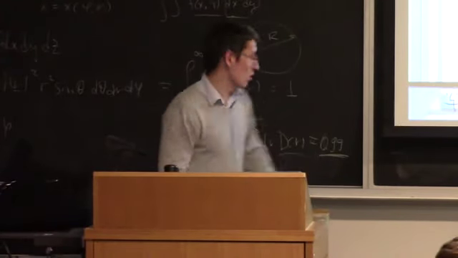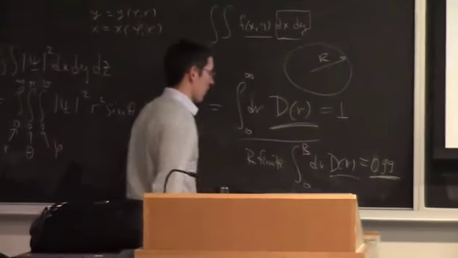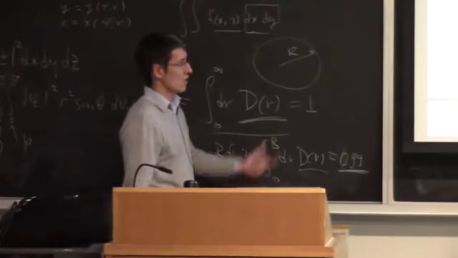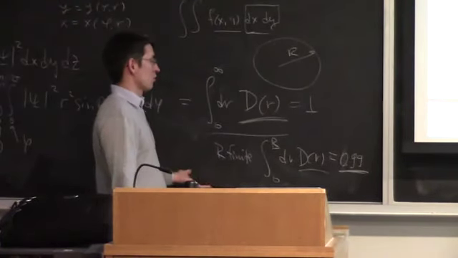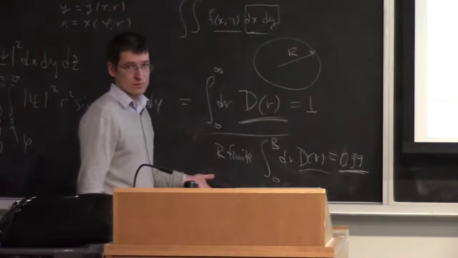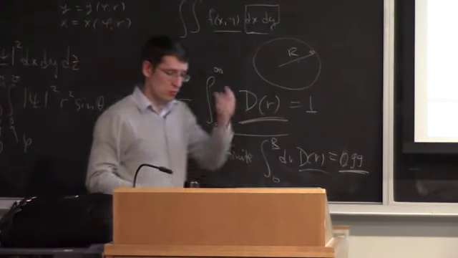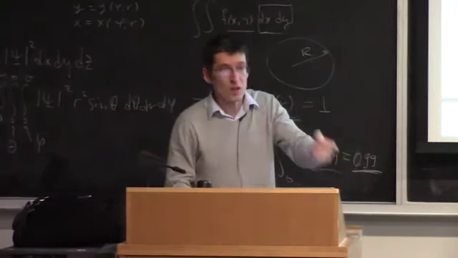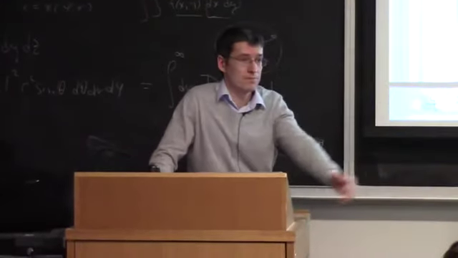Okay, so you need to find what the probability density function of the distance is for this function, right? And how do you find the maximum of a known function? You differentiate and you set the derivative equal to 0. So let's all just try to solve this problem.